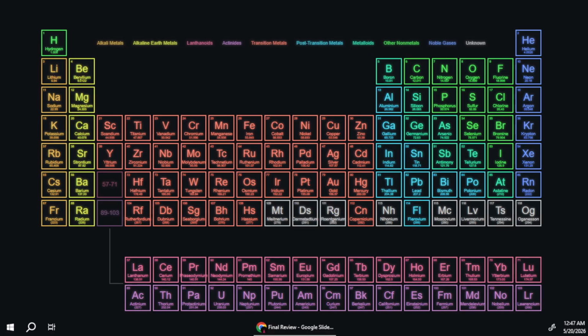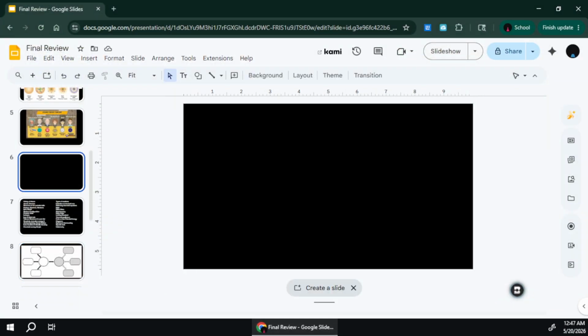Next unit covers the different types of reactions. From here on, we don't really need the periodic table, so let me use a blank sheet.